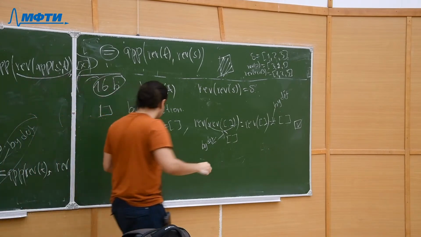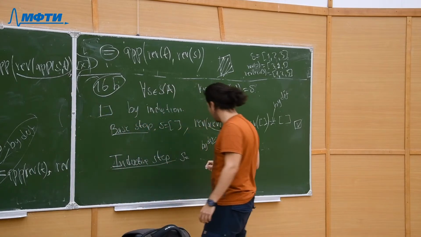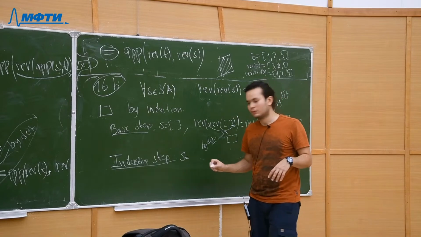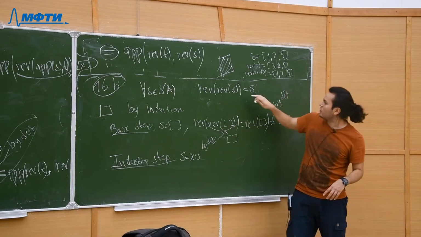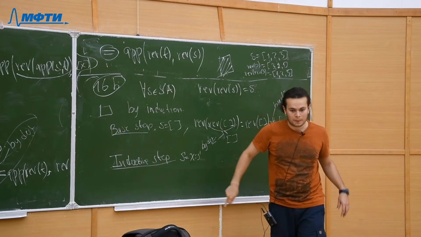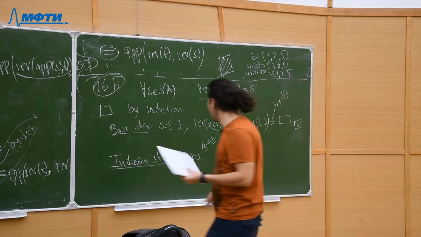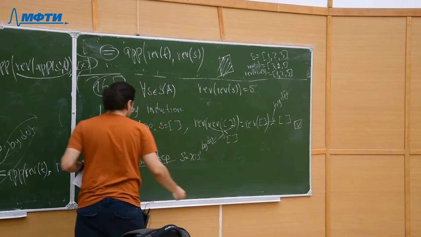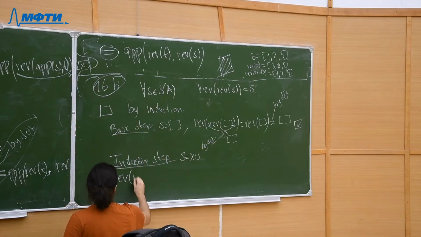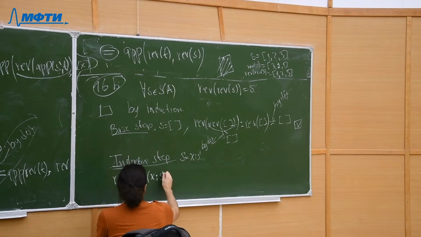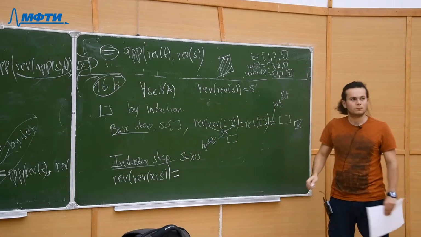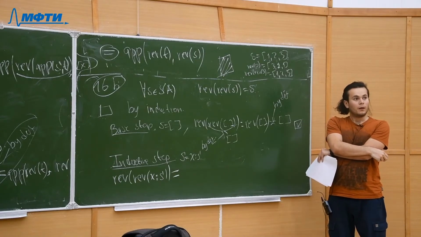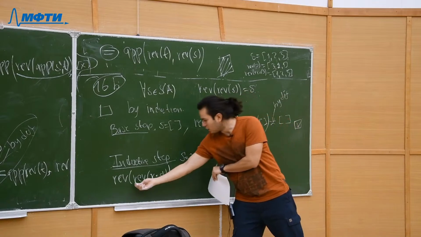So again, S is equal to what? Yes, X column S prime. And we assume that this property holds for S prime, right? So we need to put this into the equation. So the reverse of X column S prime is equal to what? So look at this.